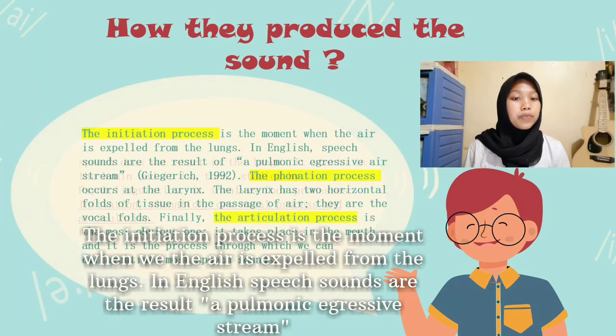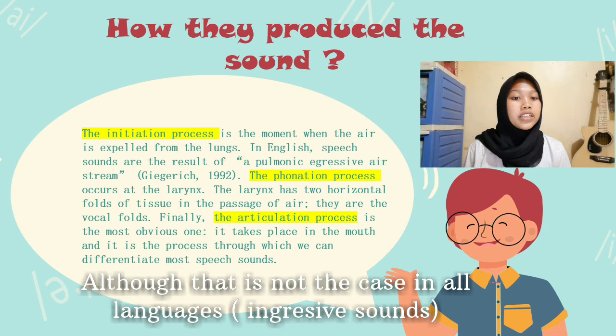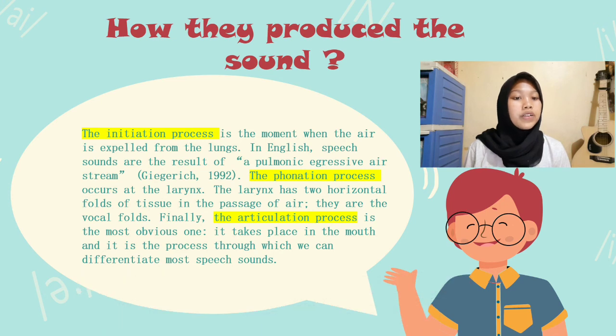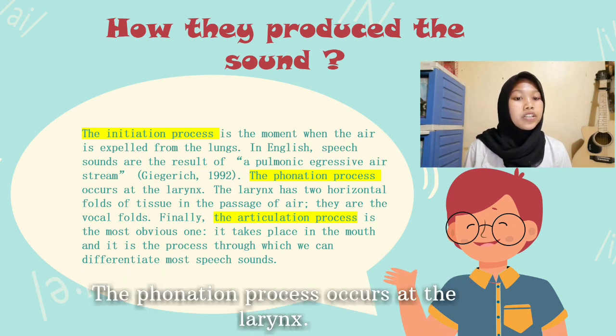The initiation process is the moment when the air is expelled from the lungs. In English, speech sounds are the result of a pulmonic egressive airstream, although that is not the case in all languages, some of which use ingressive sounds.